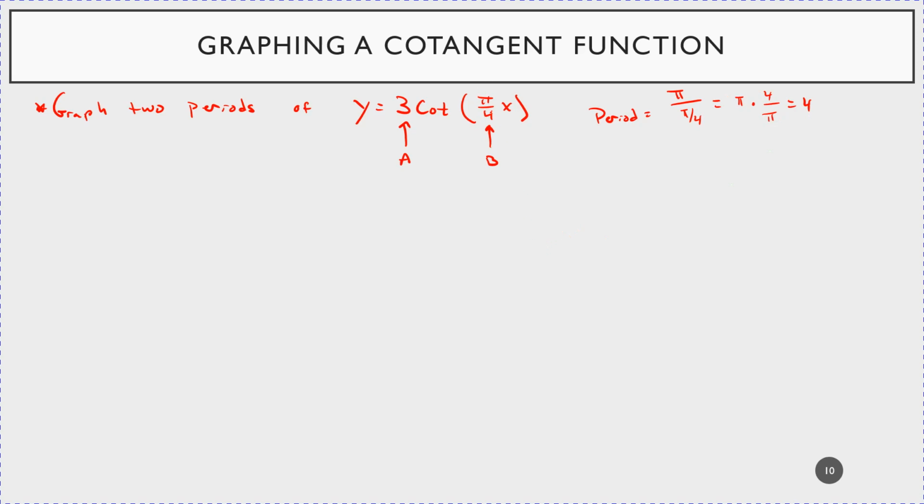I know I've covered this in previous lectures, but whenever there's something with a pi in here, the pi's are going to cancel out, and your period is generally going to be an integer or some rational number. It's going to work out really nicely. So the key again is to find 2 consecutive asymptotes.